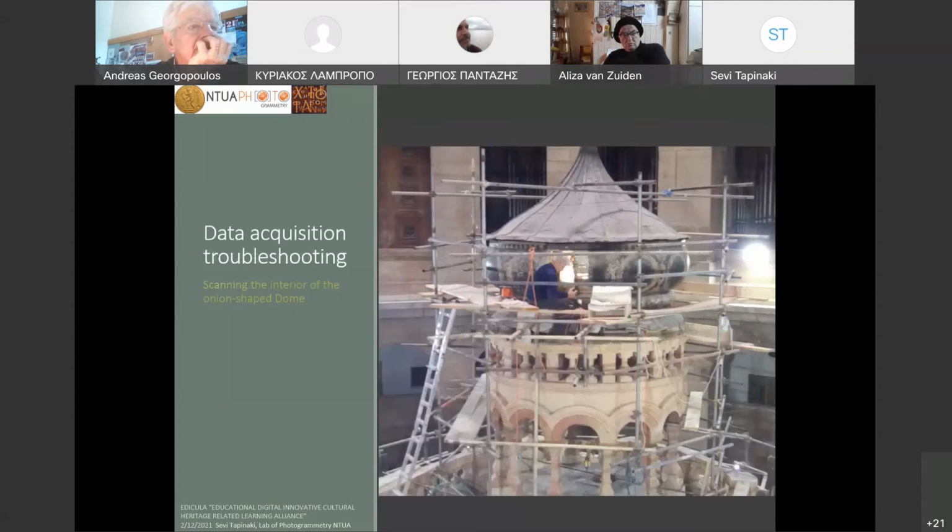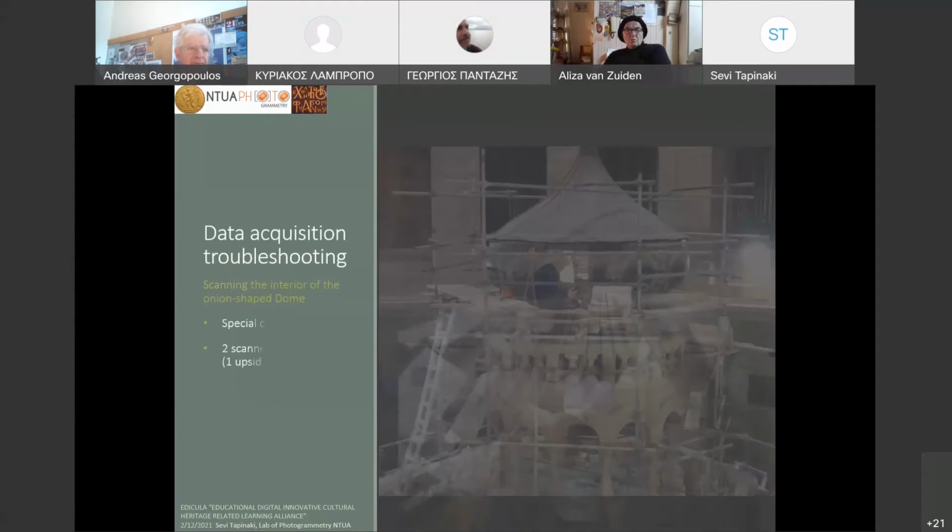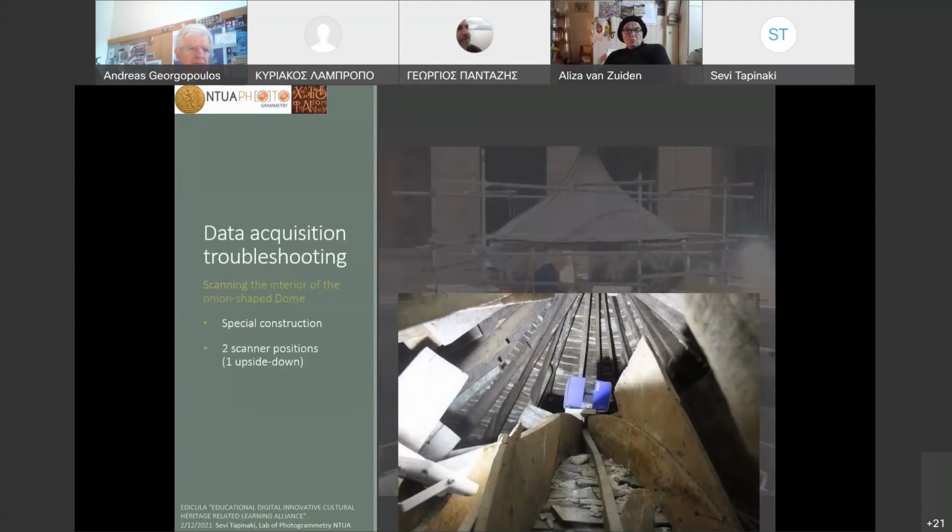Now, during data acquisition, we had to overcome some problems, like when scanning the interior of the Onion Dome. A special construction was made to place the scanner in the center of the dome, and you can see the complexity of the interior of the dome.